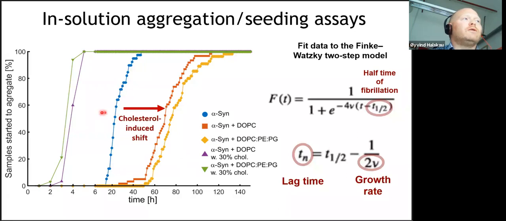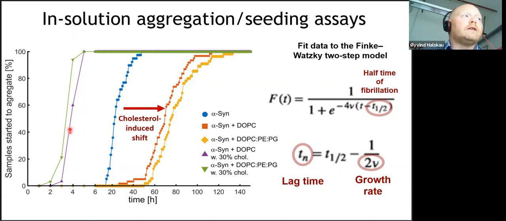Sorry, this should of course be the other way. I'm sorry, the barrel should be pointed the other way. My bad. In any case, these traces have no cholesterol. These have cholesterol, so we have a strong early onset of aggregation in the presence of cholesterol.